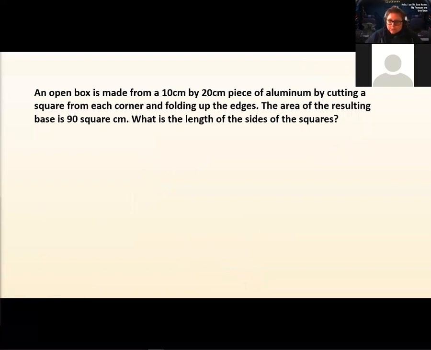Now we're dealing with a box. So we have an open box, and I'm going to go ahead and draw the open box because that always helps. And this open box is made from a 10 centimeter by 20 centimeter piece of aluminum by cutting a square in each corner and folding up the edges.